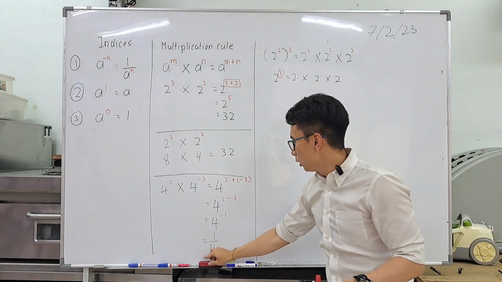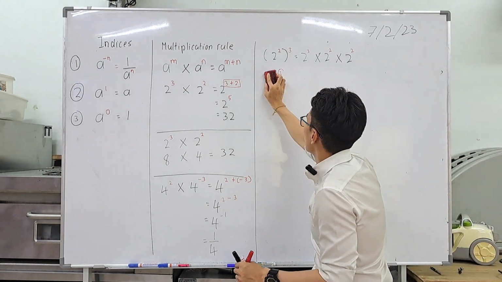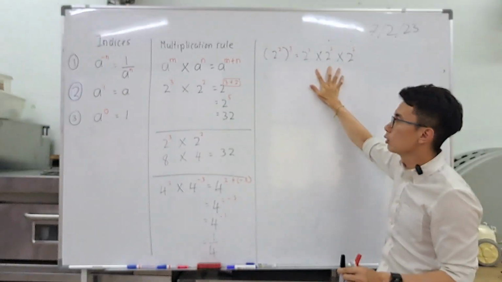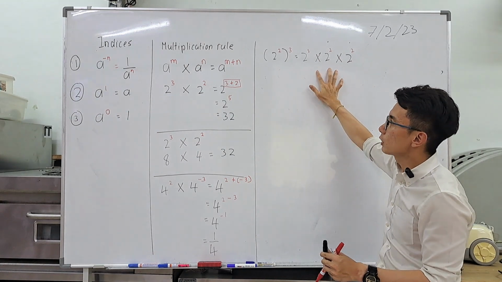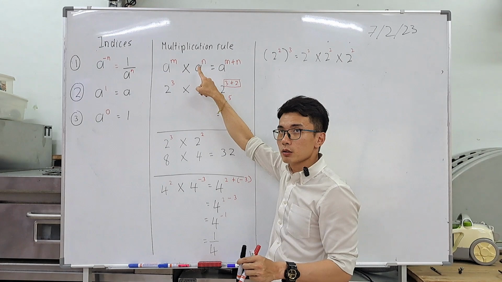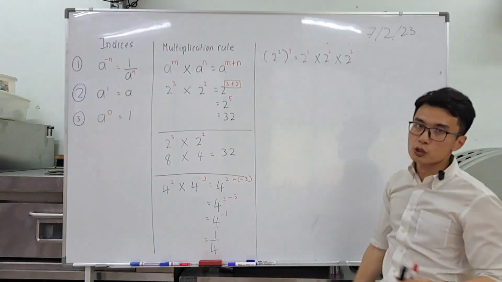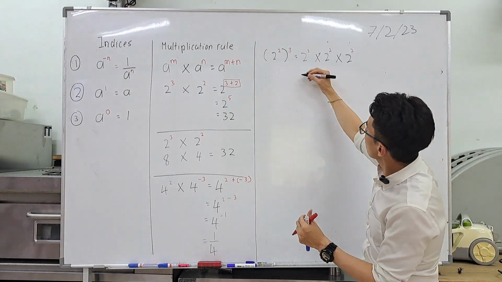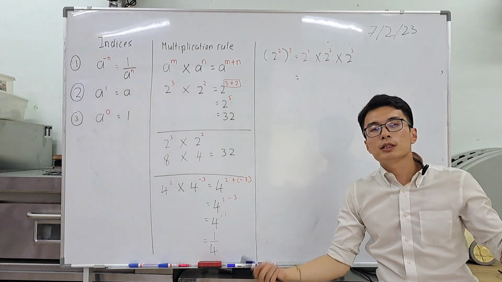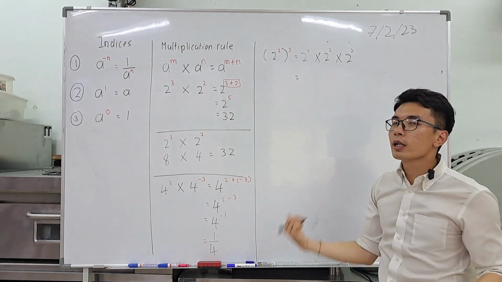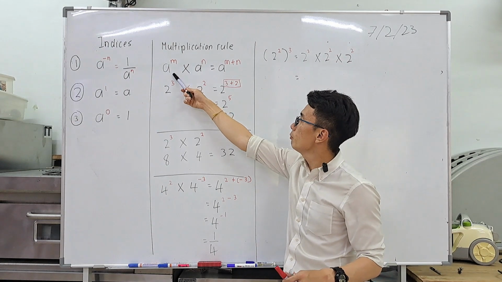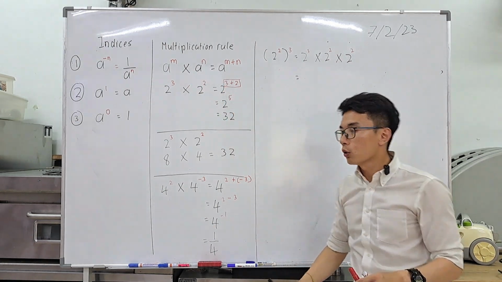Now after that, what can we do over here? This looks very familiar already. It looks like the multiplication rule. You are right, we can use this to solve this. Since the base consists of the same number, what can I do with the power? Based on the multiplication rule, if I have the same base, I can add the power.